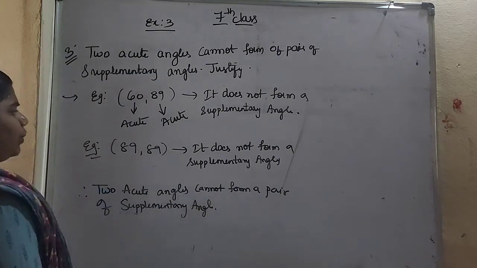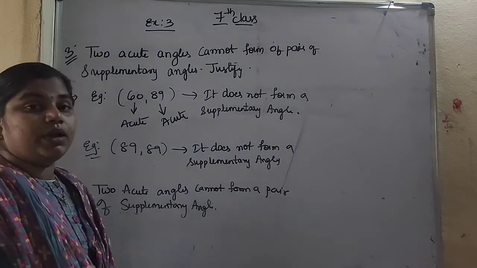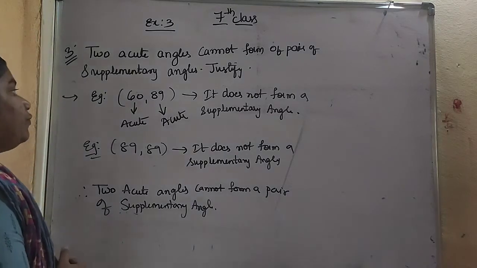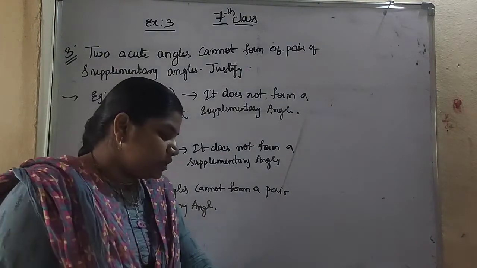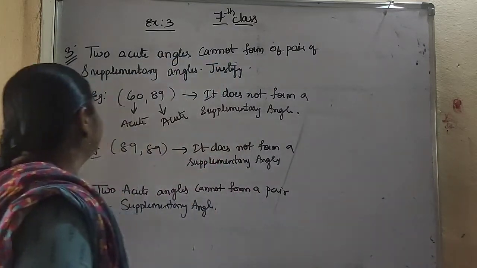It can be any two acute angles, it will not form supplementary angles. It can be one acute angle and one obtuse angle, it can form in that way. But with two acute angles, a supplementary angle cannot be formed. So this is our third question. Next is the fourth one.